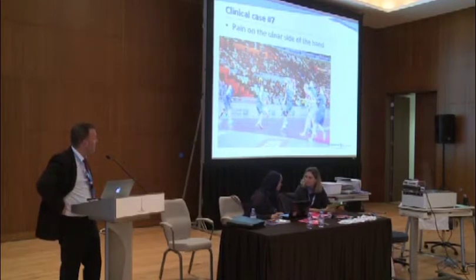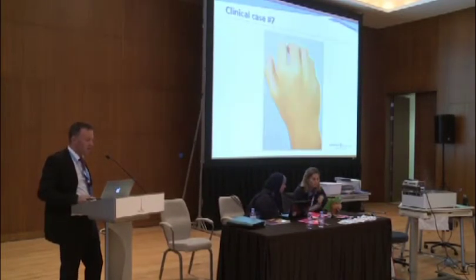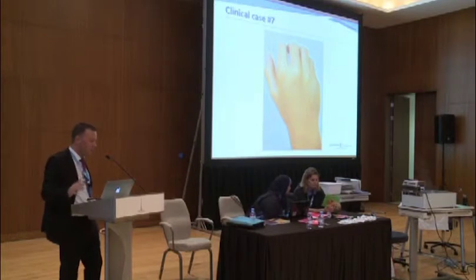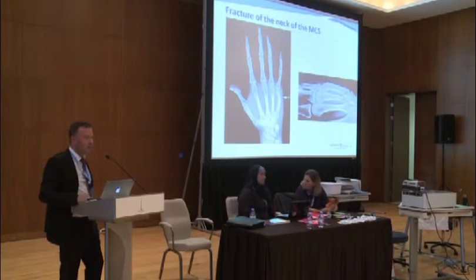So, this guy is falling down after this shooting and he's falling on the left hand. And he comes because he's swelling, he's painful on the base of the fifth metacarpal. And this patient has a fracture of the neck of the fifth metacarpal.